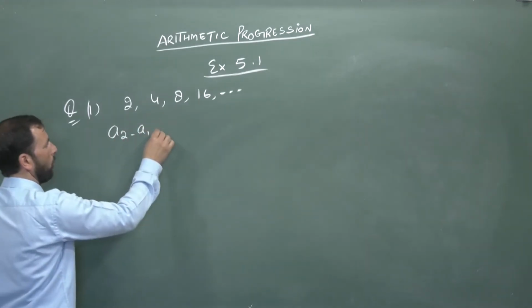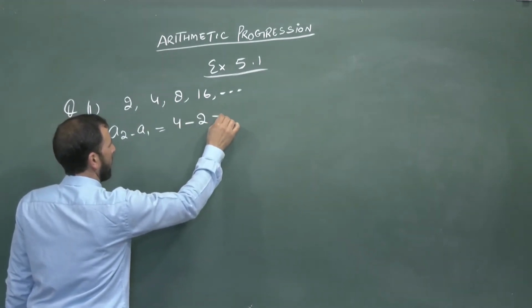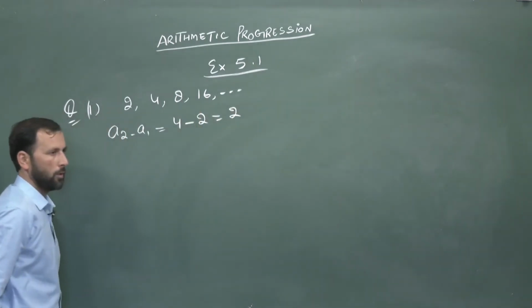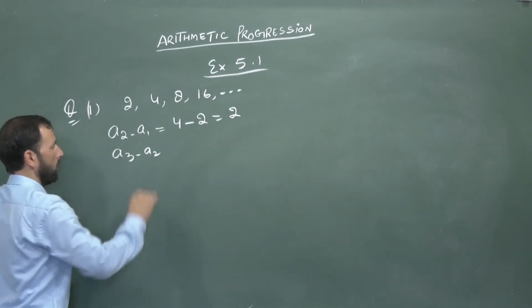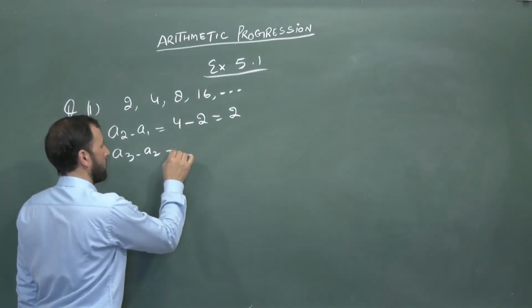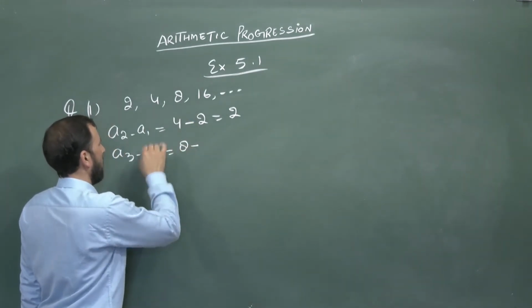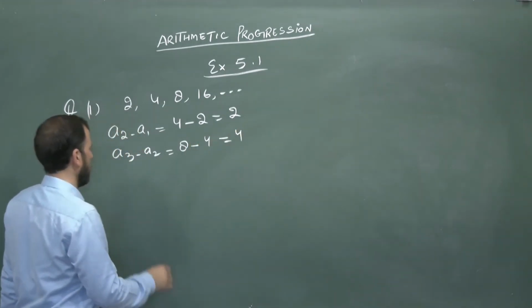The second term is 4 and the first term is 2. 4 minus 2 is equivalent to 2. Then a3 minus a2, the succeeding term minus the preceding term: a3 is 8 minus a2 which is 4, that equals 4.